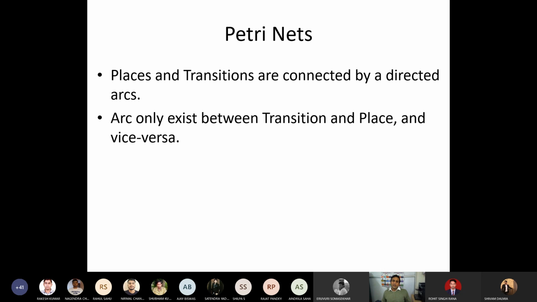You will not have arcs between places or between transitions. You will always have place to transition and transition to place. Wherever you find this pattern of place, transition, place, that is what a bipartite graph is all about.